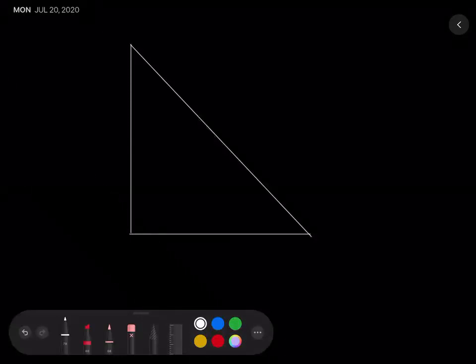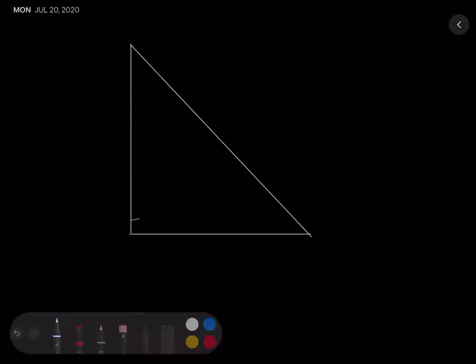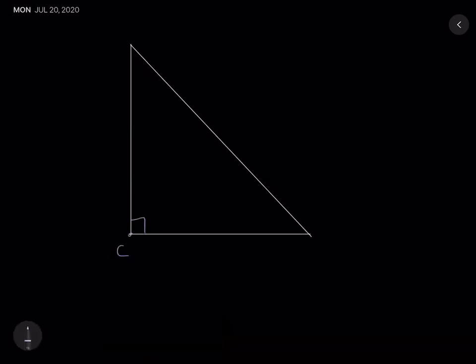And what's the problem here? We're going to say that this is triangle ABC, where C is a right angle. And we're going to say that point M is the midpoint of AB.